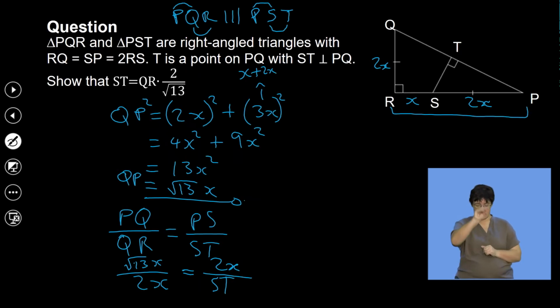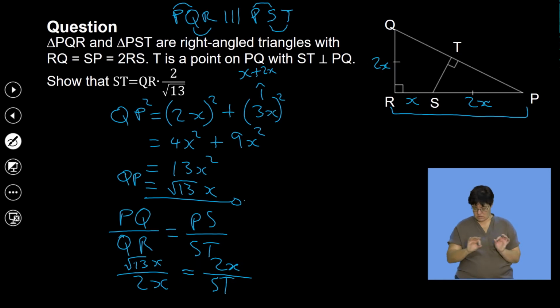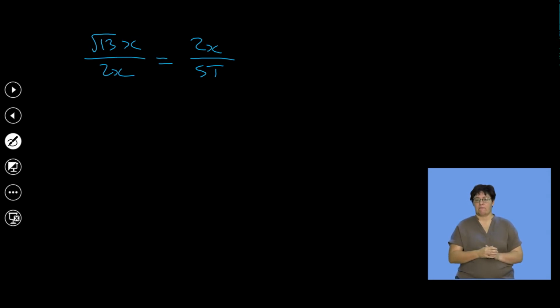So I will write the ratio. It's square root of 13 x over 2x is equal to 2x over ST. Let's just verify quickly. It's PS, and that's 2x, yes. ST, and that is what we do not know, right? So if I solve this, then I know that I will find the x and the x can divide each other, right?